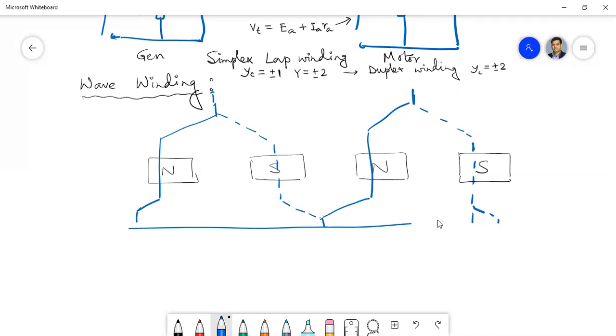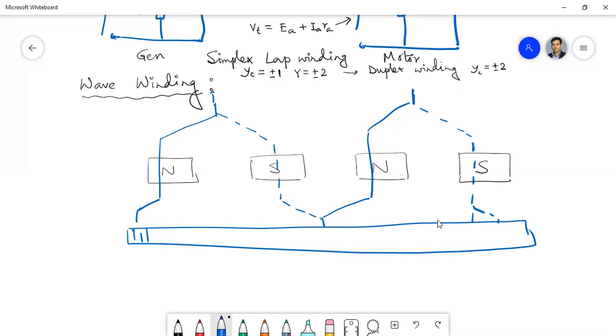So here we have the commutator segments. If we have segment 1, suppose it returns back under some other segment like 14. If this is 1, then it will be 14.